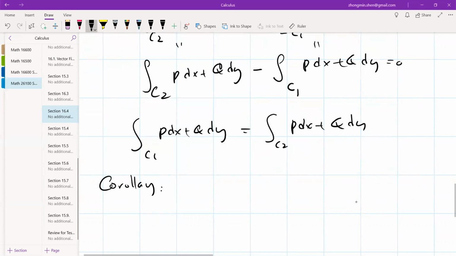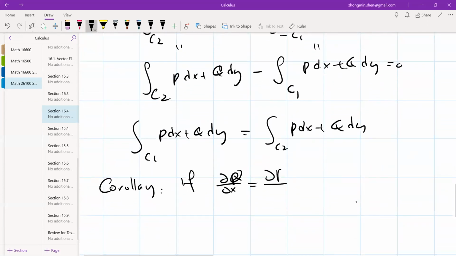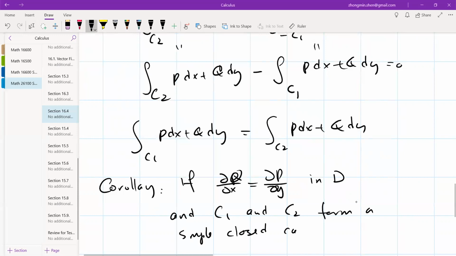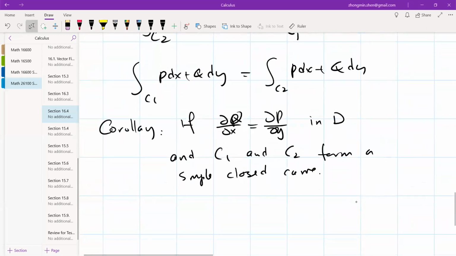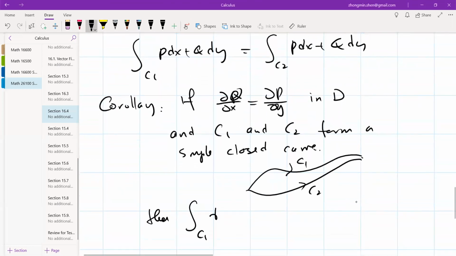If P dy equals Q dx, that's the condition, holds in D, and C1 and C2 form a simple closed curve, starting from the same point, then these two line integrals have the same value. So this is our corollary from Green's Theorem.